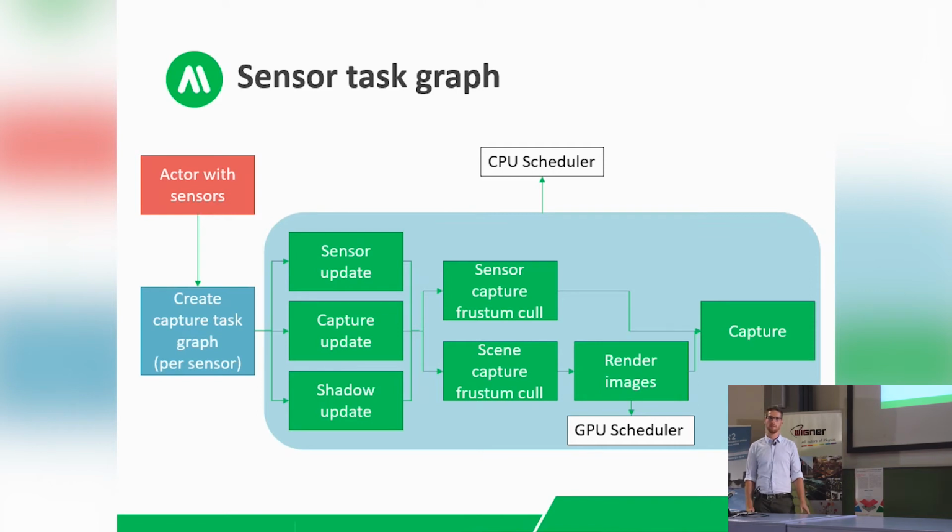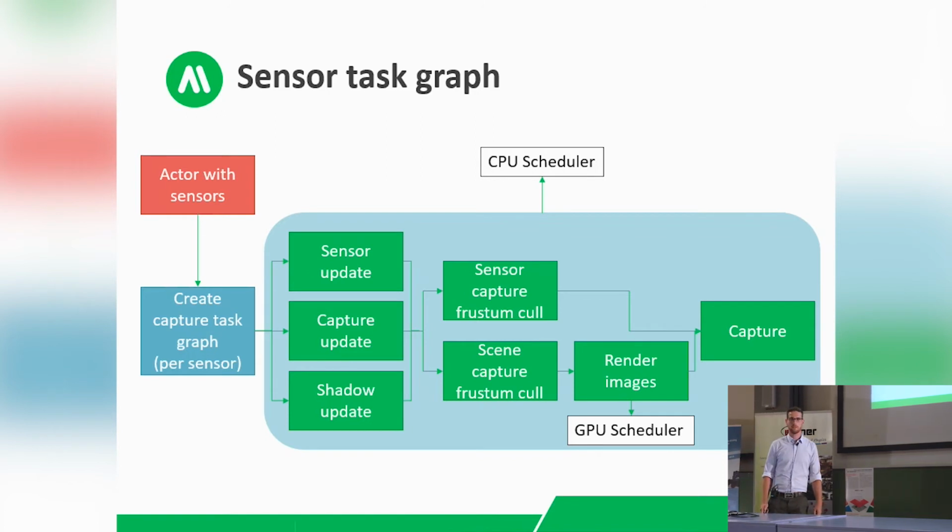During the simulation, in every tick, we have to build this task graph for each and every sensor, and then execute those tasks. And these tasks in line can be executed simultaneously, and the arrows mean dependency relations.